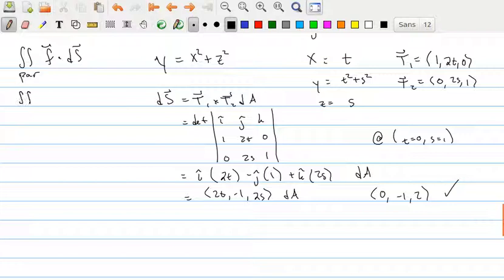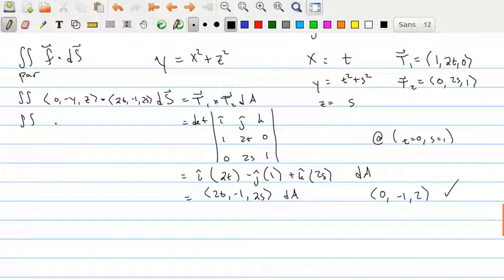Let's now write out our parameterization. Let's look at the values for x and t to get our limits of integration. We'll do that maybe after we put the function in. Our F was given by ⟨0, -y, z⟩, dotted with dS, which was given by this vector we had right here, ⟨2t, -1, 2s⟩. If we expand this dot product out, the 0 and the 2t zero out.